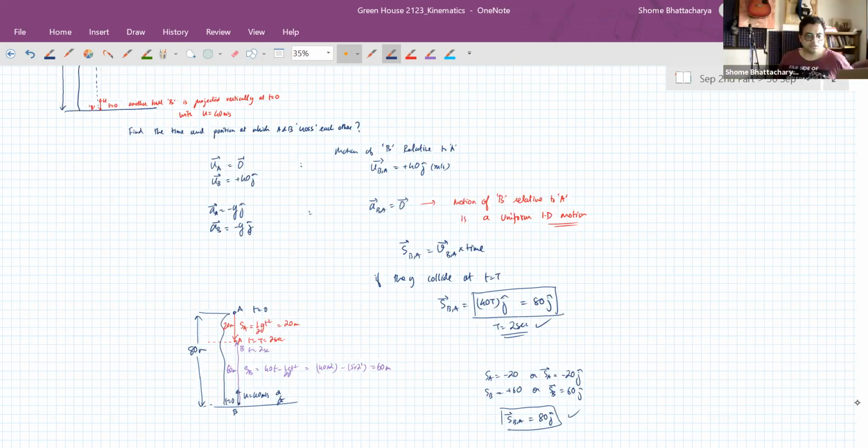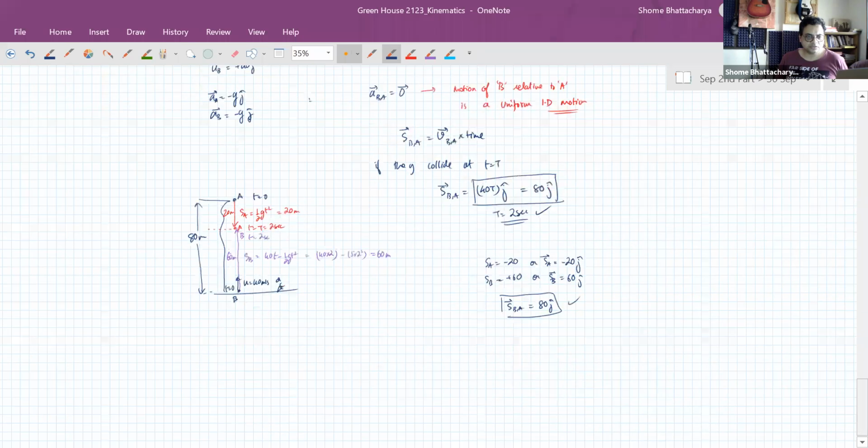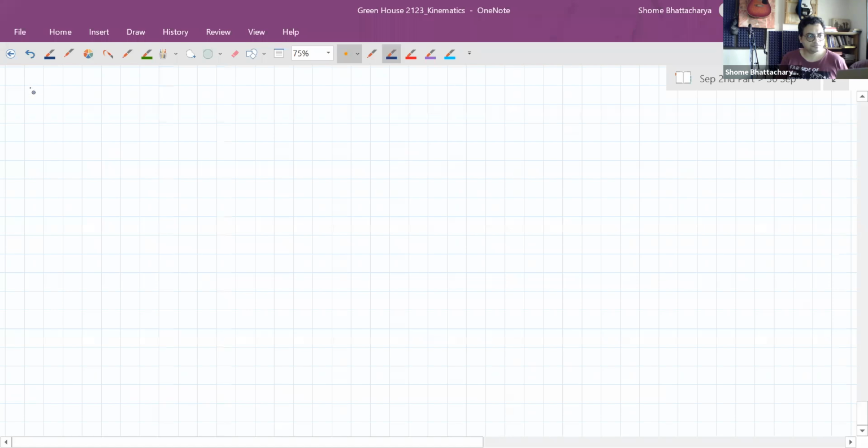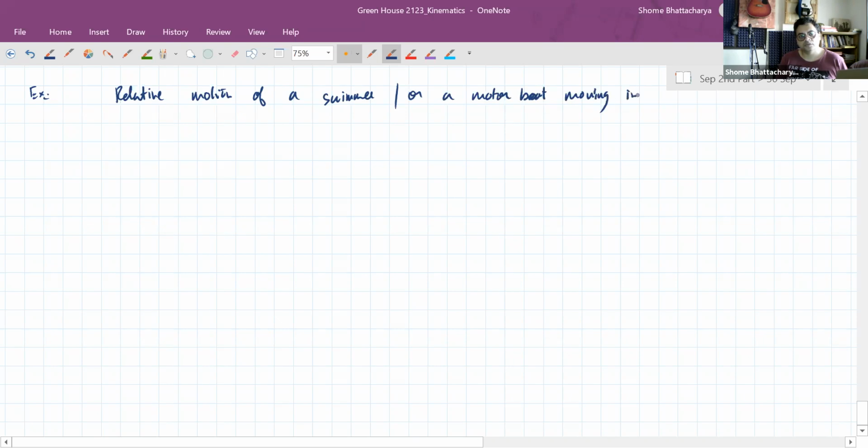Okay, people, so hope this is clear. Now, moving on to another interesting situation in relative motion: relative motion of a swimmer or a motorboat moving in flowing water.